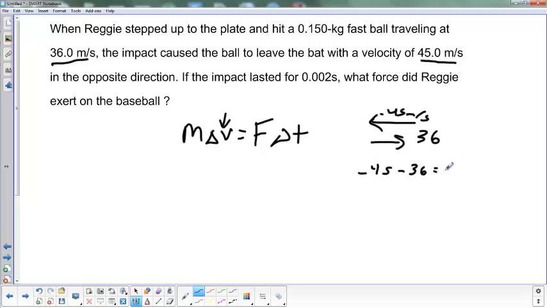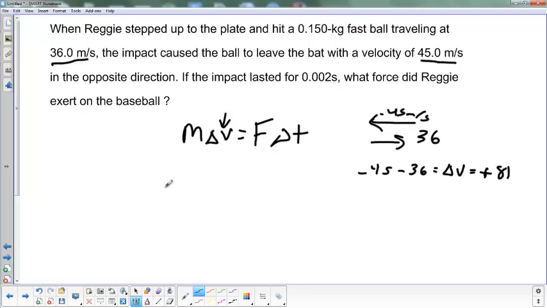Negative 45 minus 36 gives us negative 81. And again, with momentum, the change in velocity is more scalar than a vector, so we can change that to a positive. You care about the change, which is 81 meters per second in velocity.